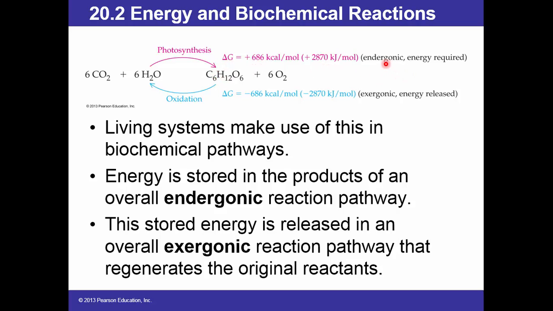This is an endergonic, energy-requiring process, whereas the oxidation of glucose by oxygen to CO2 plus water has a negative delta G. You see, both quantities are equal but with opposite signs, and this is an exergonic, energy-releasing reaction. Living systems make use of this in biochemical pathways.